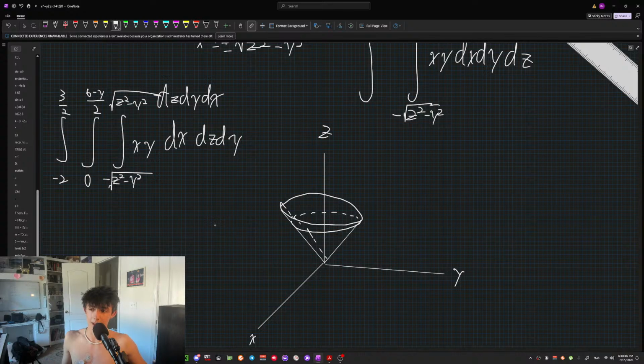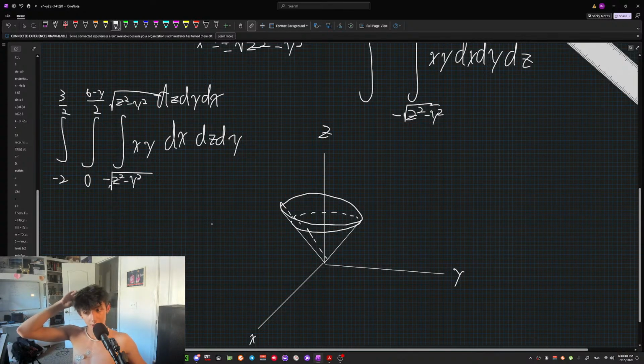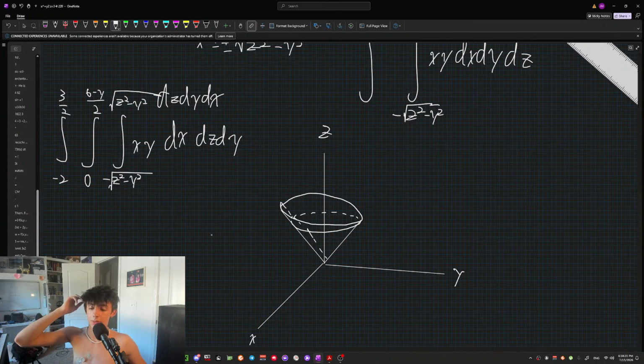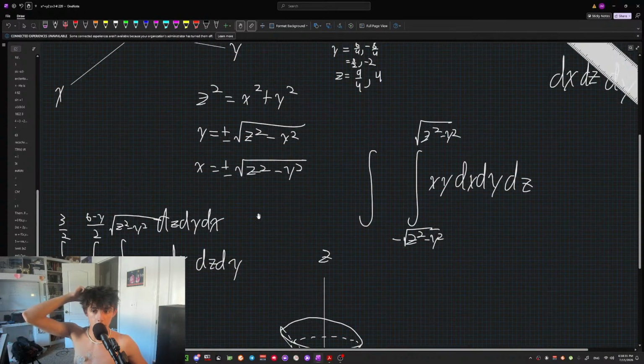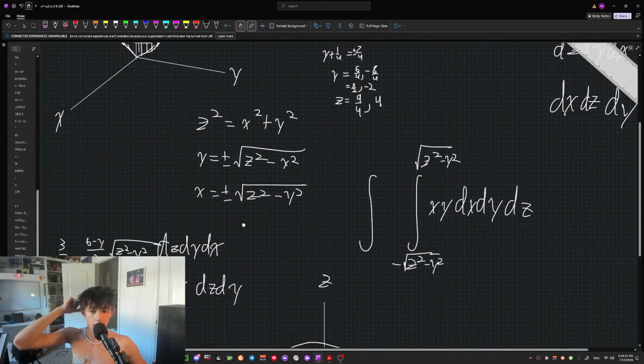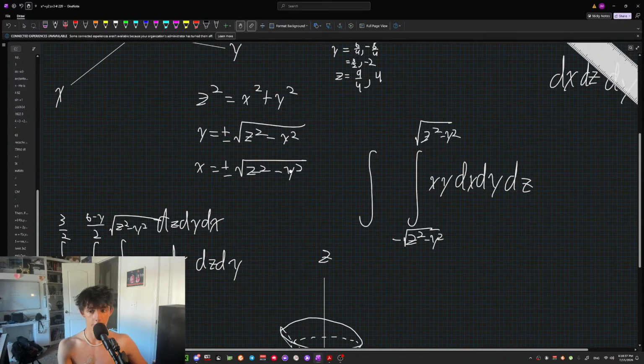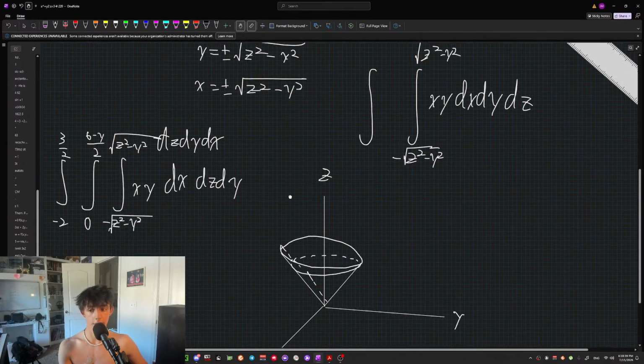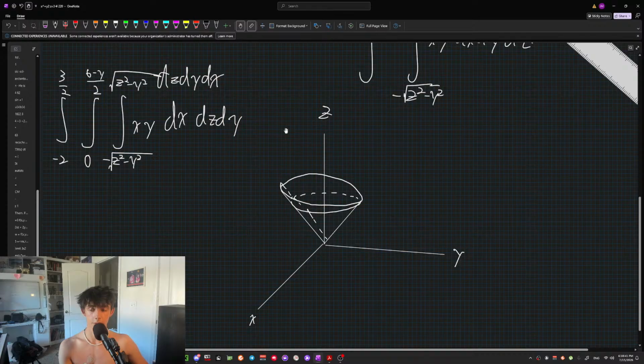Now z has to be in between 0 and 6 minus y over 2. Now, we could have broken this into two different parts where z is in between 0 and 9/4, and then we integrate y with respect to some function.